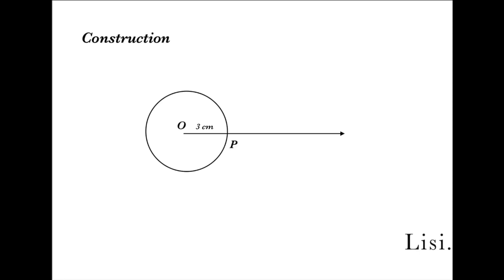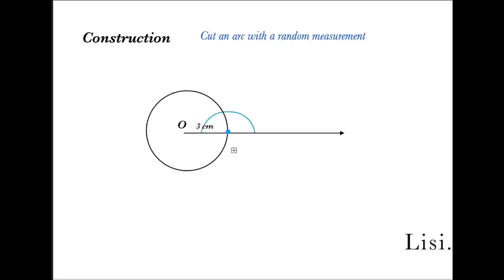Now take 3 centimeter in your compass, draw a circle, and mark the center as O. From the center extend the line. See here that the radius meets the circumference at the point P. Now place your compass at P. With a random measurement, cut an arc like this.